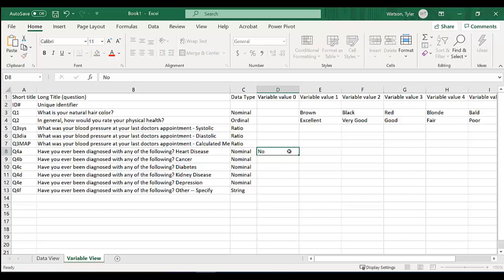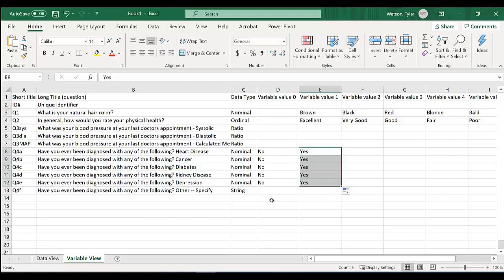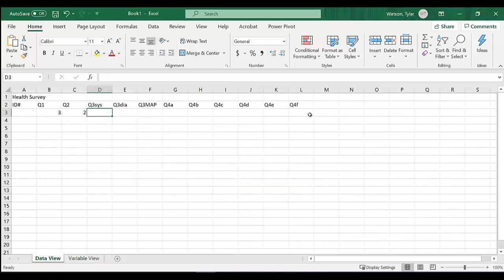And so we'll put no on variable value 0. And if they indicate a yes, then we'll put a 1 there. And then on string, we leave that blank because string tells us that this is just going to be a typed out answer. And so let's say that person had celiac disease. That's what it would look like as they enter that information.